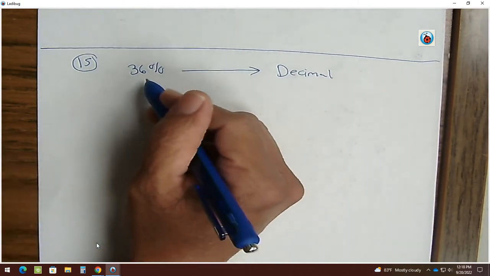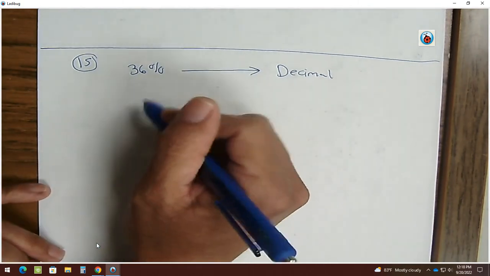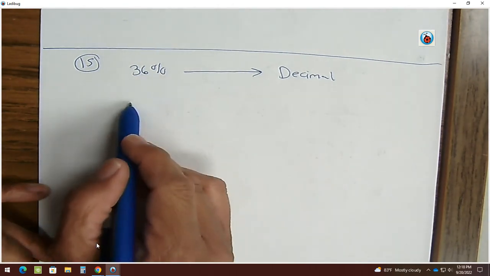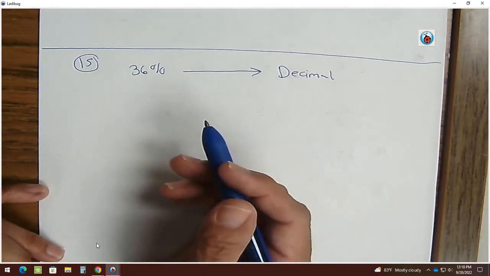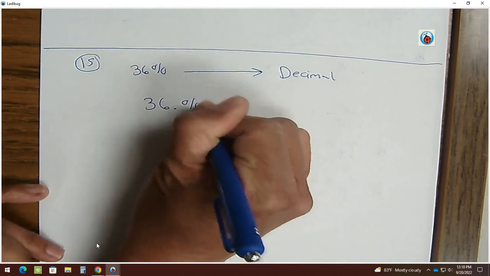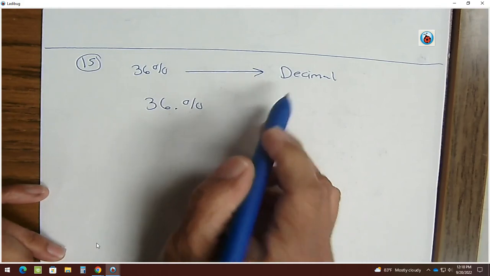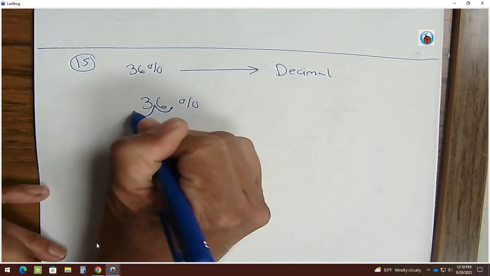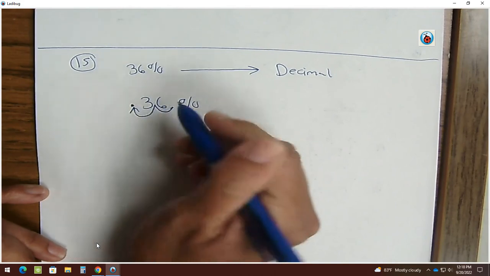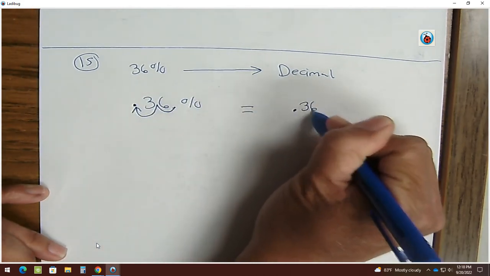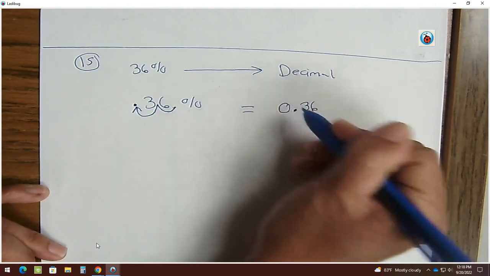You don't change it to fractions. Like you can and then do bottom out, but that's going to be more work. Like I could put this one 36 out of 100, then bottom out and get the decimal, but that's going to be more work. I'm just going to write it down here. When you're going to go from percent to decimal, you move twice to the left. 1, 2. My answer is in decimal point 36, and there's no holes.